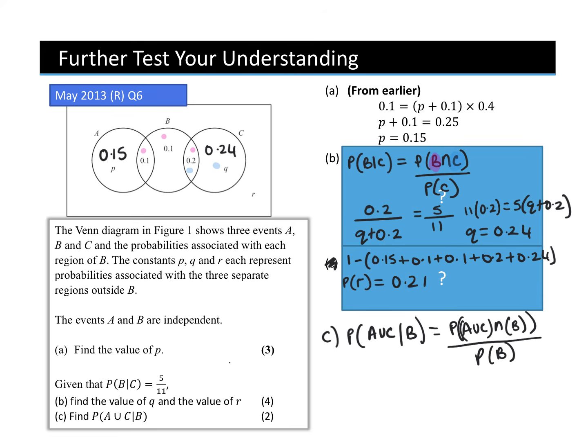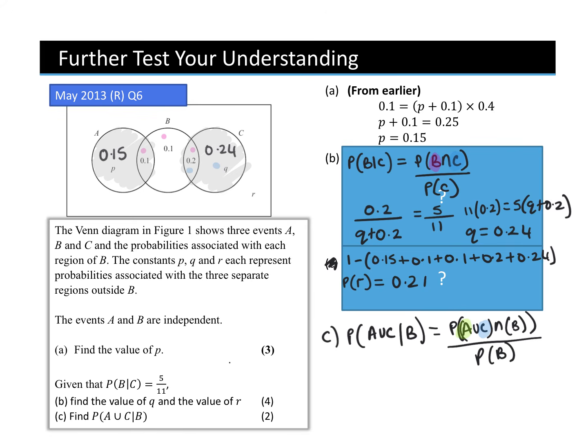Okay, so A union C. First of all, A is going to be green. So this is A. C we know is blue. Okay, now the union is all of it. So here we go. It's here and here. This is A union C.